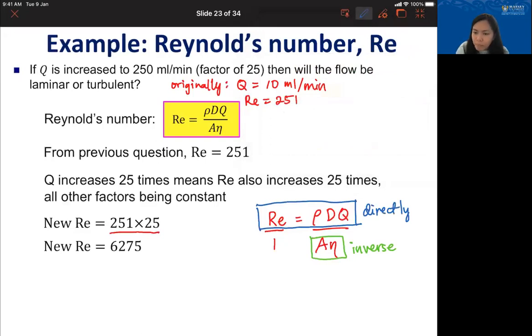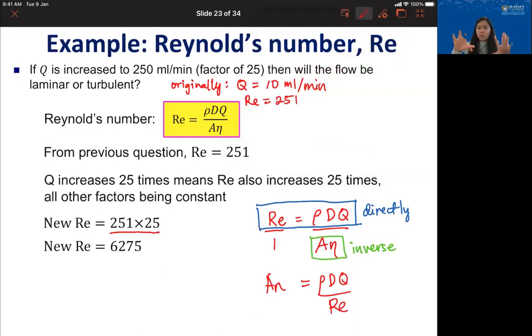So yeah, if you swapped A times eta for Reynolds, oh, okay. So yeah, you're right. If you swap A eta with rho d Q over Reynolds, it becomes like that.